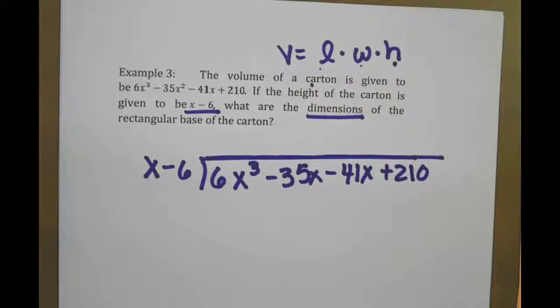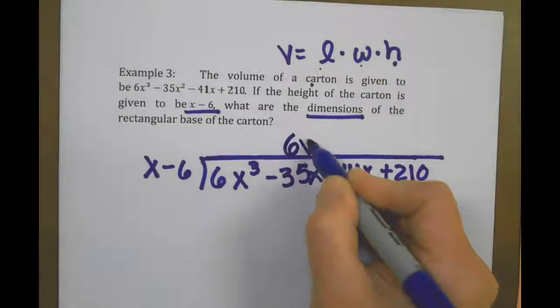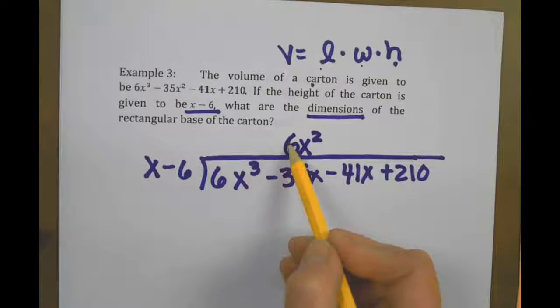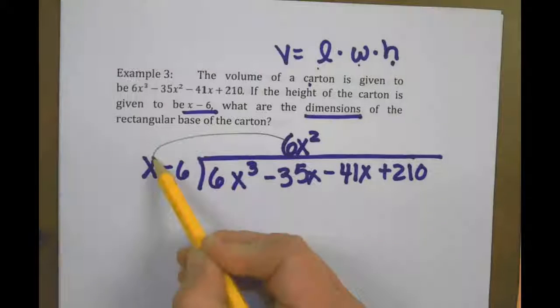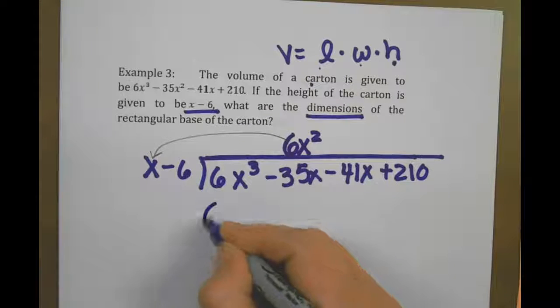You got it set up. What do I multiply x by so that's equal to 6x to the third power? To get this next row of numbers, you multiply the 6x squared times the x. What do you get when you multiply that together?